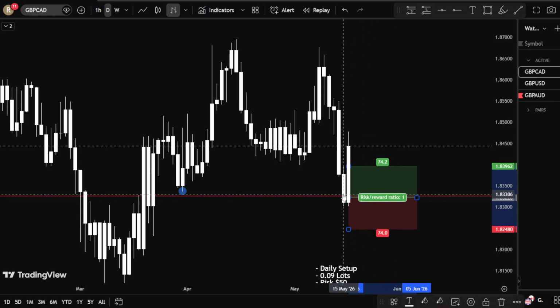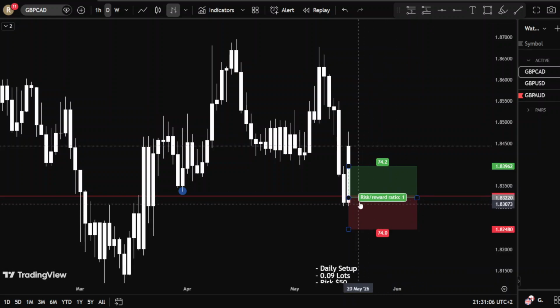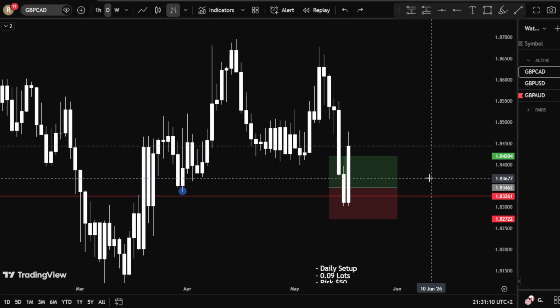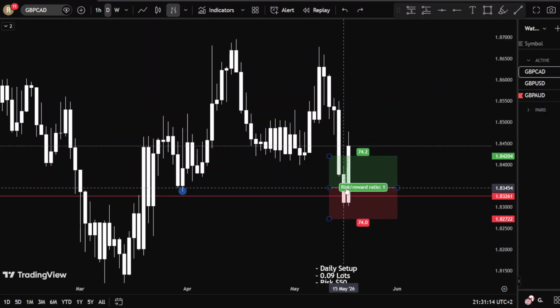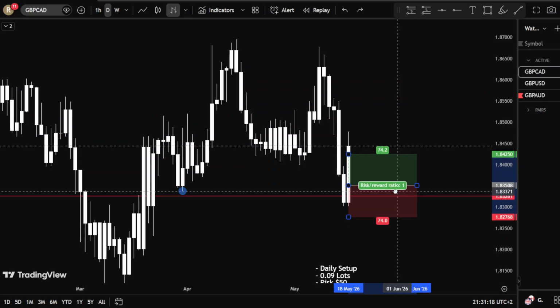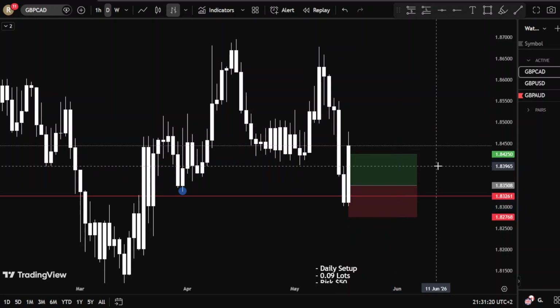So this is yesterday, this is today, but yeah, I would probably have taken the trade down here, but I wasn't awake. So when I woke up, I took the trade around here, and that's about where I took the trade.